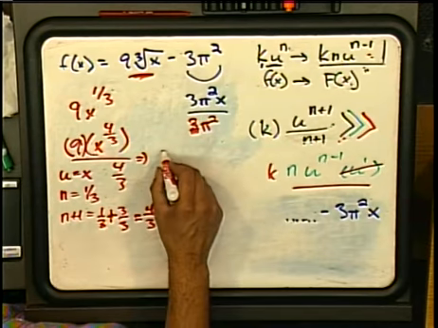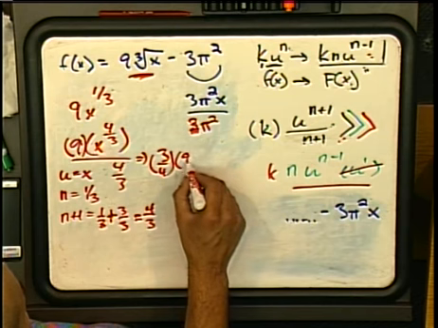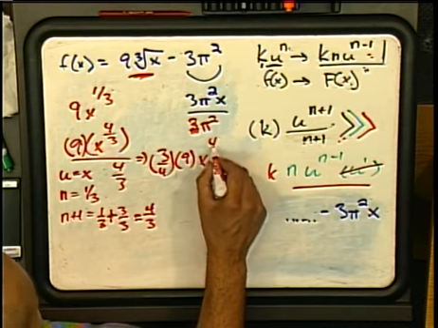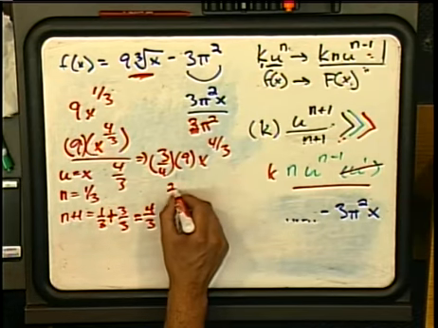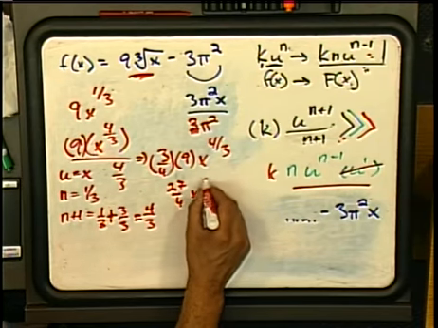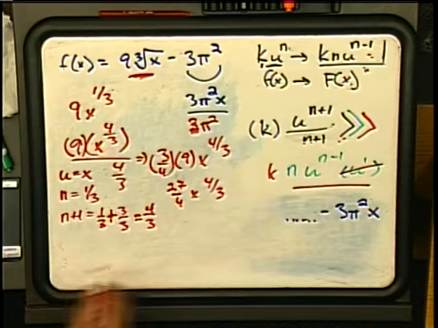So you can rewrite this as 3/4 times 9x to the 4/3, which is 27 over 4x to the 4/3. Is that what he has? Yep. 27 over 4x to the 4/3.